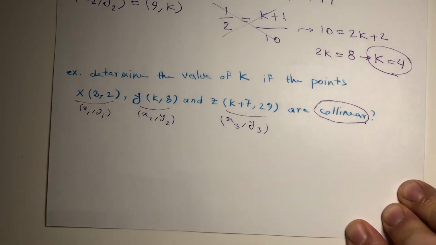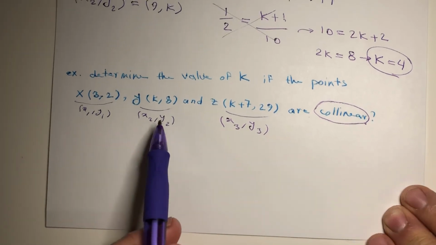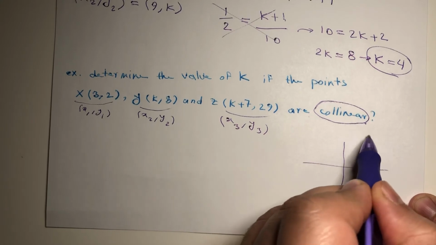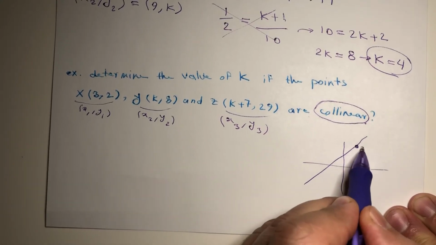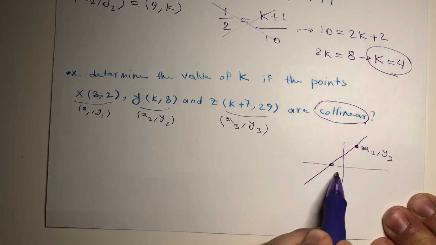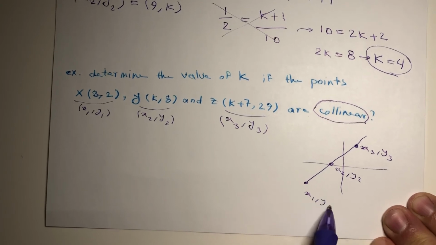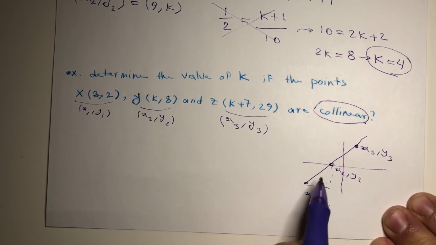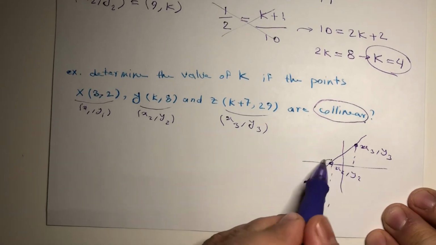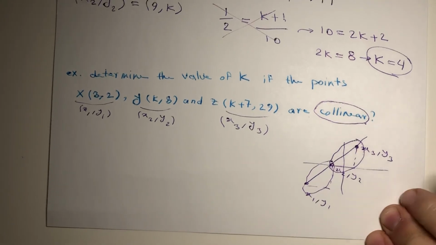So if these 3 points are located on the same line, let's say this is x3, y3, x2, y2, x1, y1, then the slope of the line should be the same, no matter whether you use these 2 points to calculate the slope or these 2 points, right?